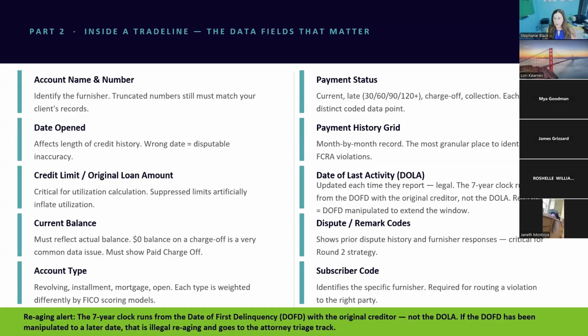So department store cards, Visas, MasterCards, all of that type of thing are all revolving. Installment accounts, things like your car loans. These are a set payment for a certain amount of time. Installment loans are auto loans, student loans, things like that. And then you have mortgage, which is a type of installment, but it really has its own category. But it is an installment.